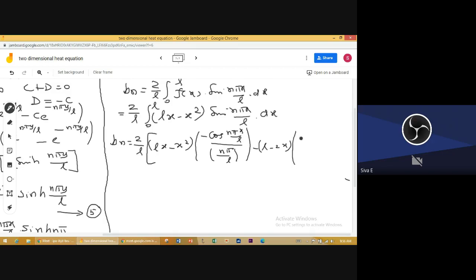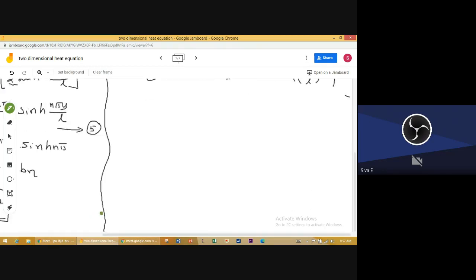Integration of minus cos is minus sin n pi x by l divided by n pi by l whole square. Finally, alternately plus or minus. So you know what is called Bernoulli's formula? What is called Bernoulli's? Anybody? Bernoulli's formula: integral of u dv equal to. Can you tell me the Bernoulli's formula?